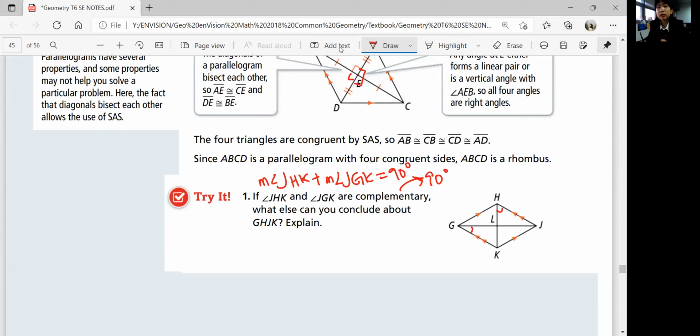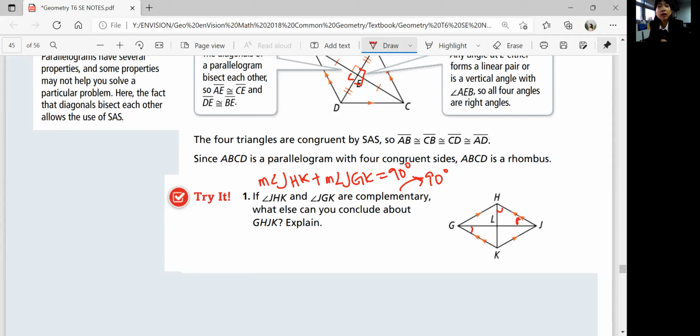So if they're complementary, what do you know? By the alternate interior angles theorem, HJG must be equal to KGJ, right? So these two are not equal.